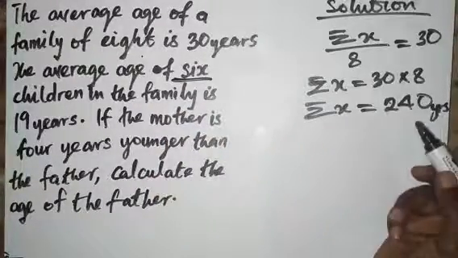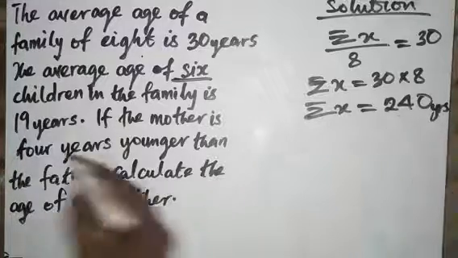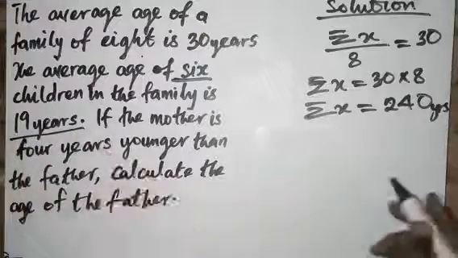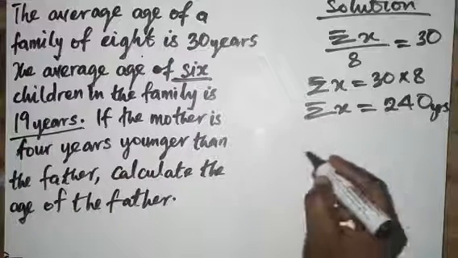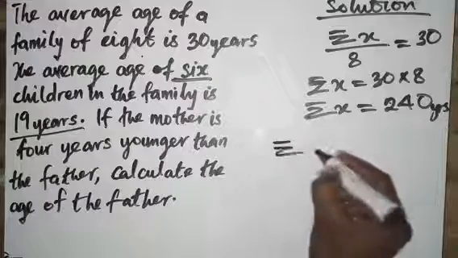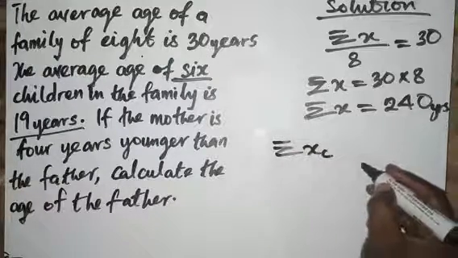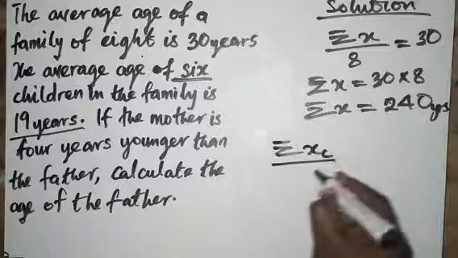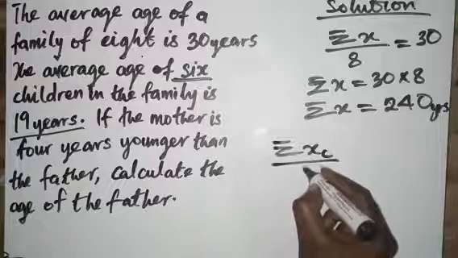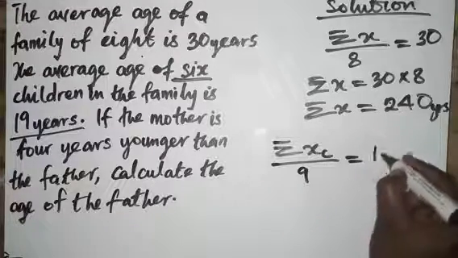If the average age of the 6 children is 19, in this case, in step 2, we're just going to look at the sum of ages of children. Let me make children C, over the total number of children. We have got how many? 9 children is equal to 19.